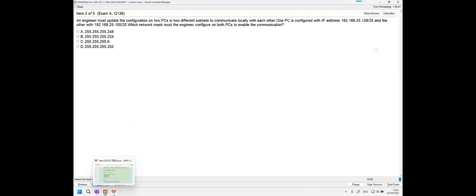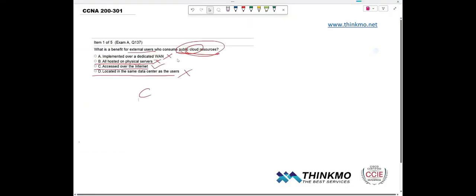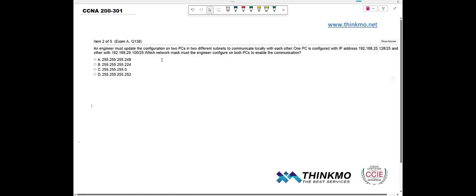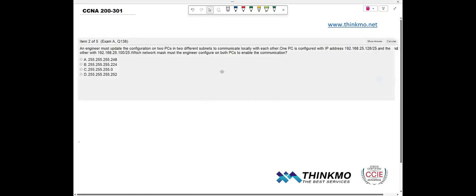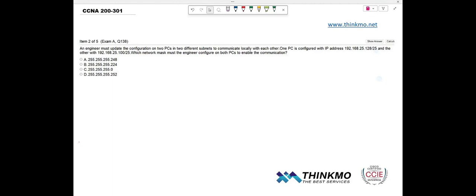The second question seems to be about subnetting. It's a bit long. It says the engineer must update the configuration of 2 PCs located in different subnets to enable communication between them.